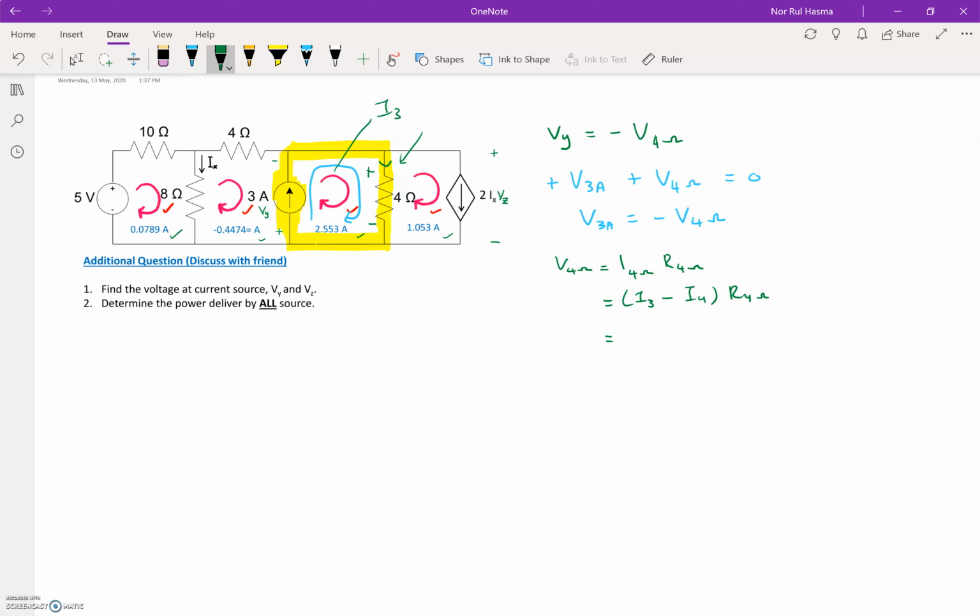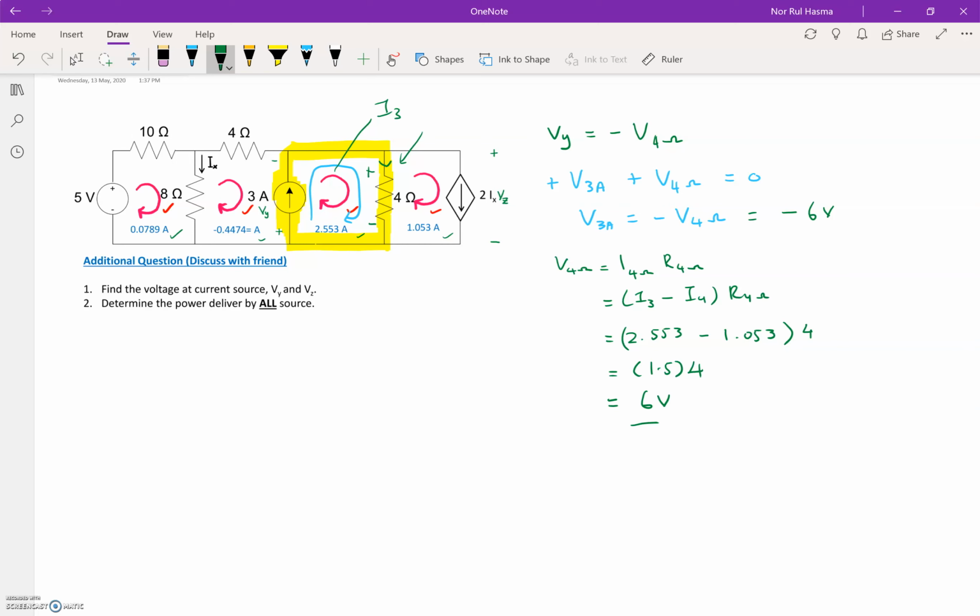I3 is 2.553 mA minus 1.053 mA times 4, and then the answer will be 1.5 times 4, which is equal to 6 volt. So substitute this into this equation, and it will become minus 6 volt.